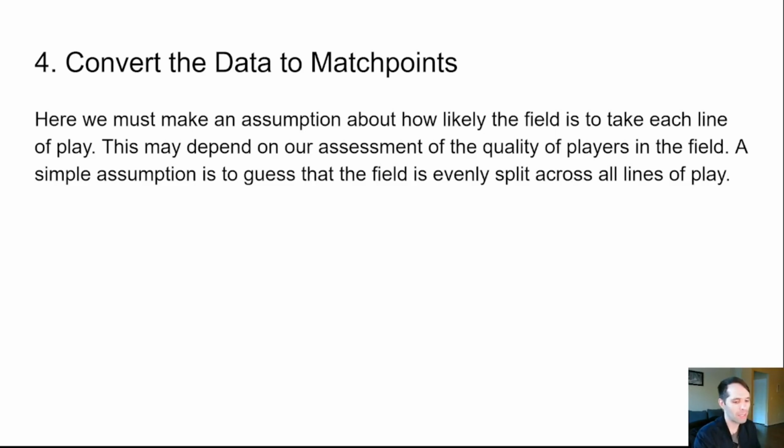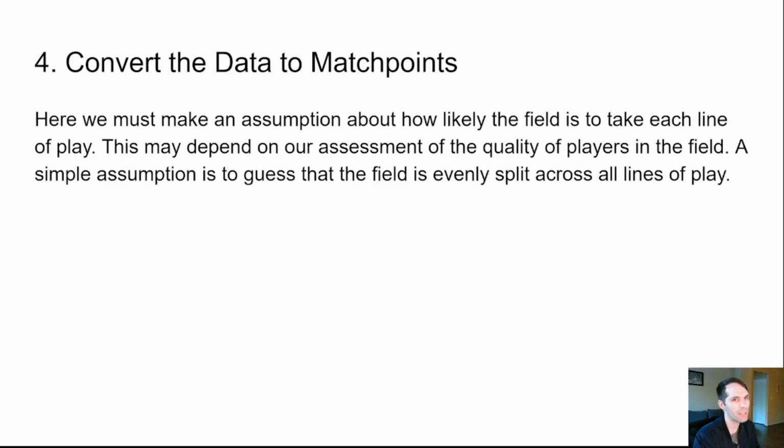Well, why do we want to do this? It's because just taking an expected value over the scores that we get for these particular layouts is not going to give us the right number of match points that we're expected to win.